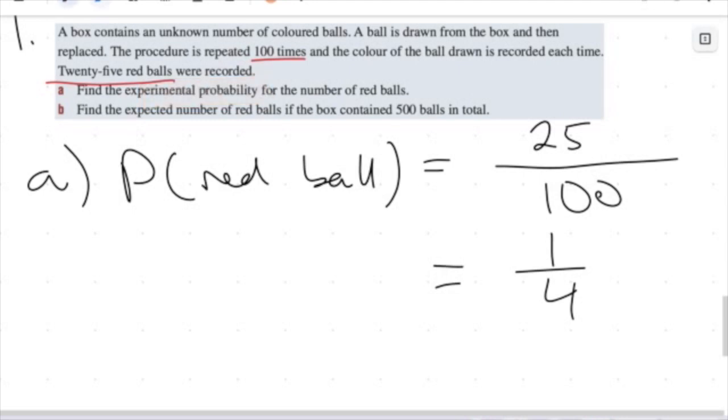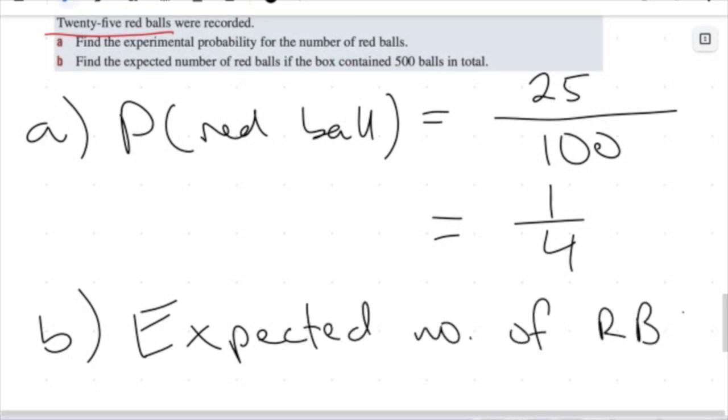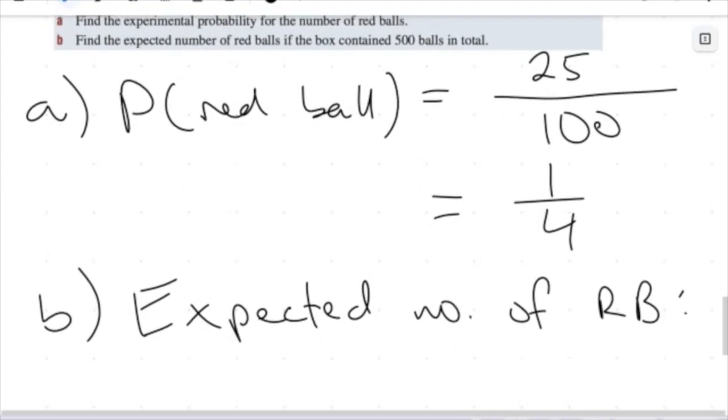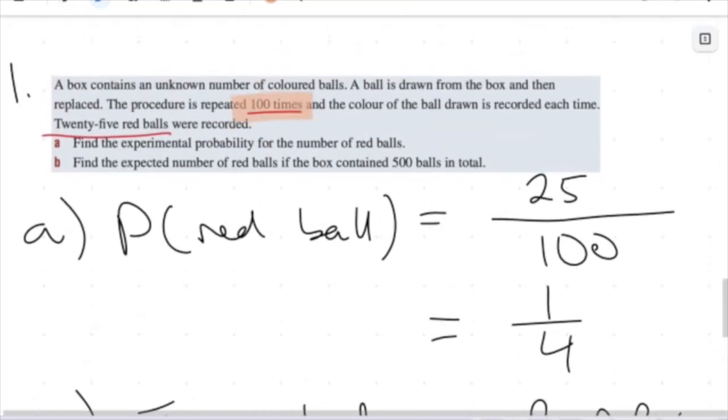Now we want to take what we've gathered and apply it to find an expected number of red balls. I'm going to write this as RB. So we're going to apply this from what we gathered in the experiment of drawing balls 100 times, and we're going to look at trying to predict what would happen if we instead had 500.